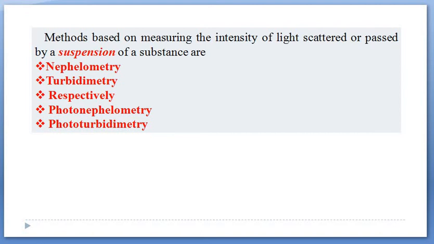Methods based on measuring the intensity of light scattered or passed by a suspension of substance are nephelometry and turbidimetry, respectively photonephelometry and phototurbidimetry.